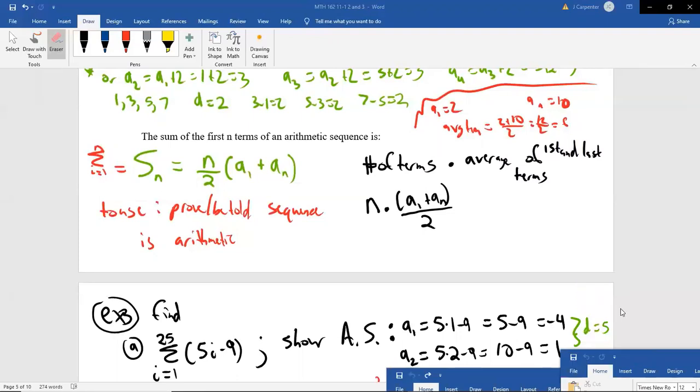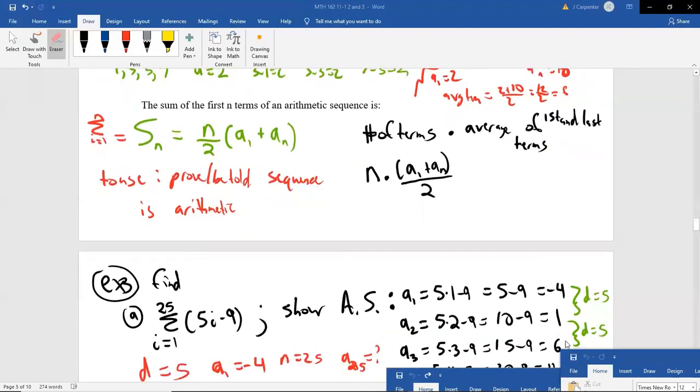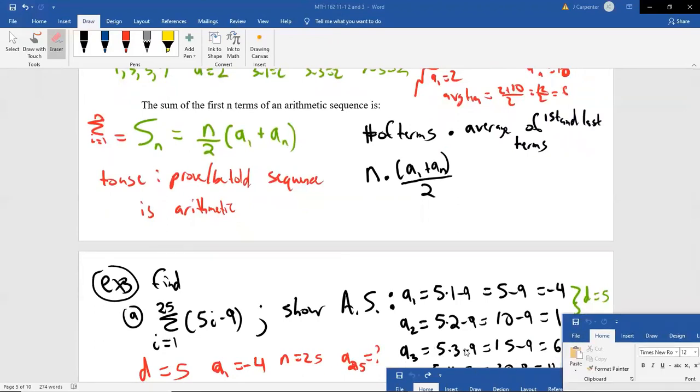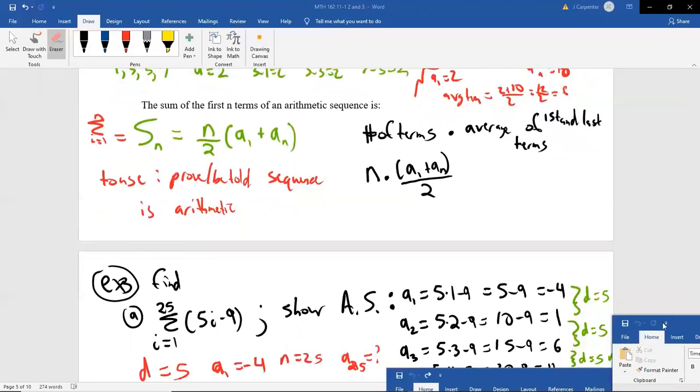Now that doesn't prove anything. We have to show that that's consistent, so we need to go to at least the third term. Some people suggest to go to the fourth one, but I'm going to stop at the third. So the third term would be 5 times 3 minus 9, which is 15 minus 9, which is 6. And going between 1 and 6, that is another difference of 5.